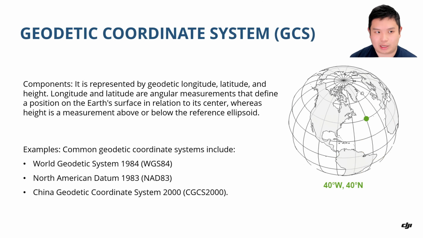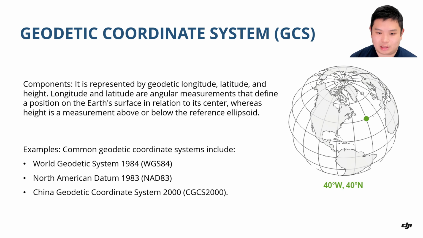So let's first have a look at the geographic coordinate system, or geodetic coordinate system. Every single coordinate measured by the geodetic coordinate system includes three elements: longitude, latitude, and height or altitude. Since we're covering horizontal coordinate systems, that is going to be the longitude and latitude values.